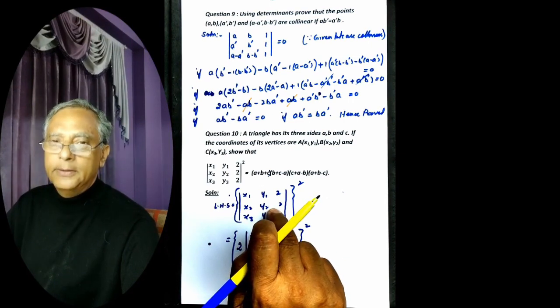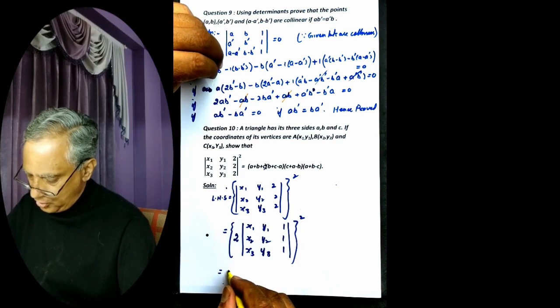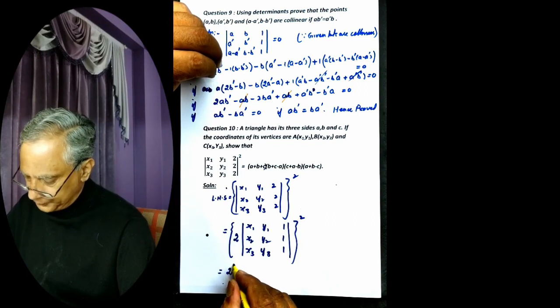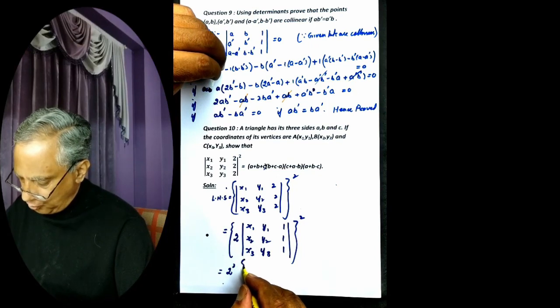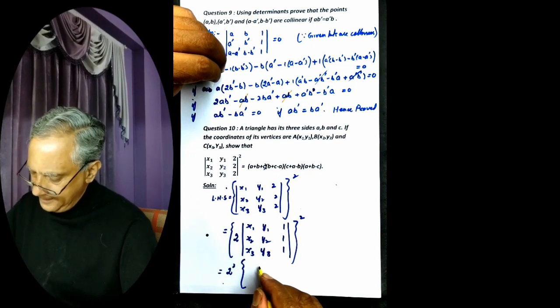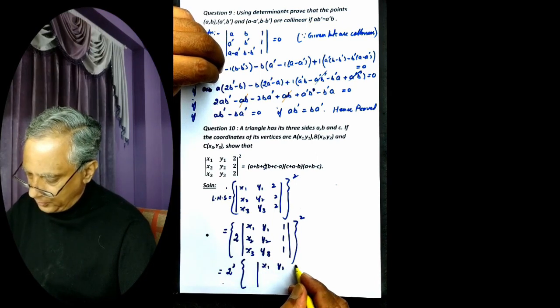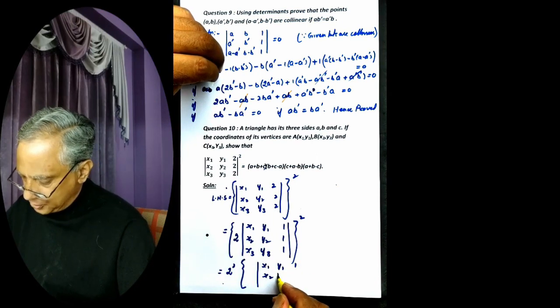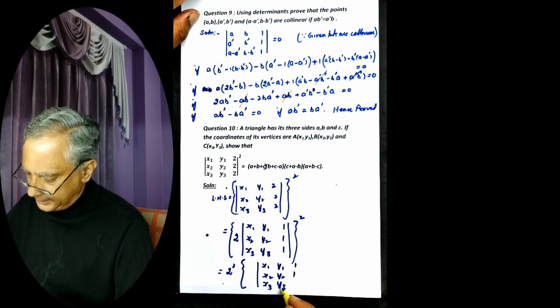So we get this determinant. This will be equal to 2 square. 2 square will be common, and what we get is determinant of x1, y1, 1, x2, y2, 1, x3, y3, 1.